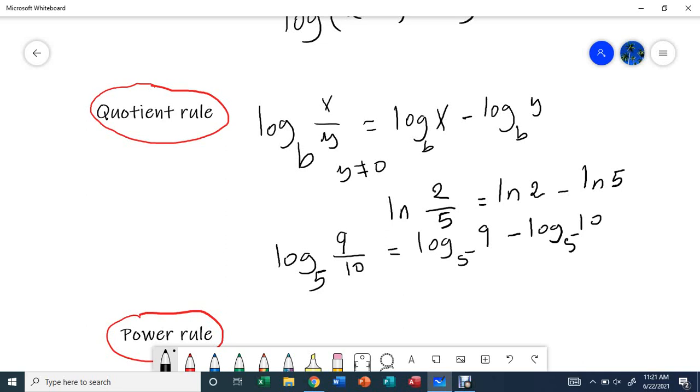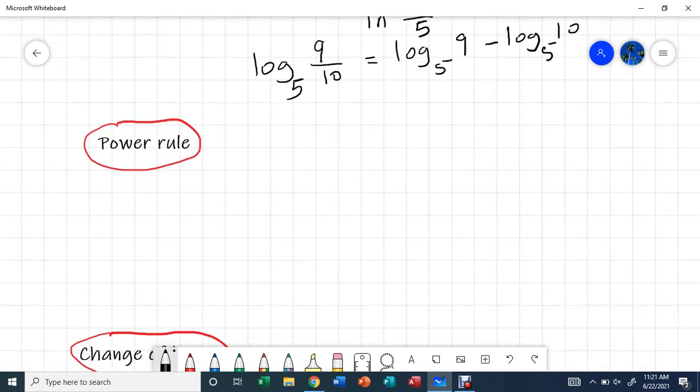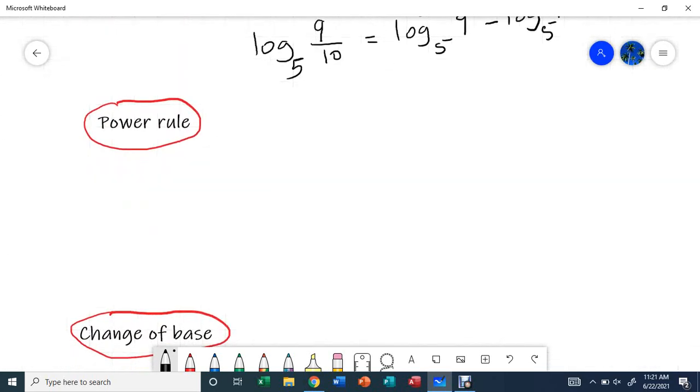And now let's talk about the power rule. The power rule is log base b of x to the n equals n log base b of x. Notice how we put the exponent in front of log.